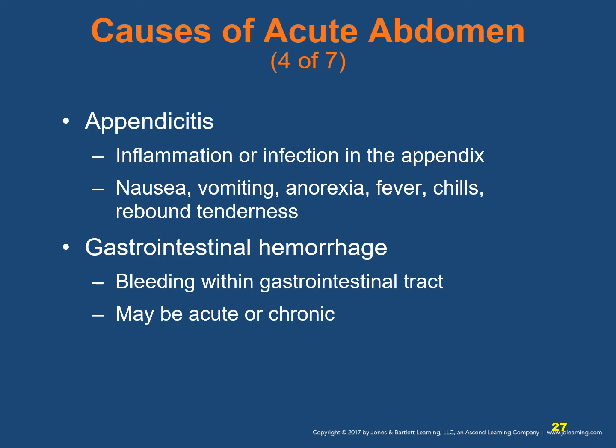Signs and symptoms are nausea and vomiting, anorexia, fever, chills, and rebound tenderness. Rebound tenderness is the result of peritoneal irritation, and it is assessed by pressing down gently and firmly on the abdomen. When the EMT releases their hand, the patient will immediately feel pain when that pressure is released.